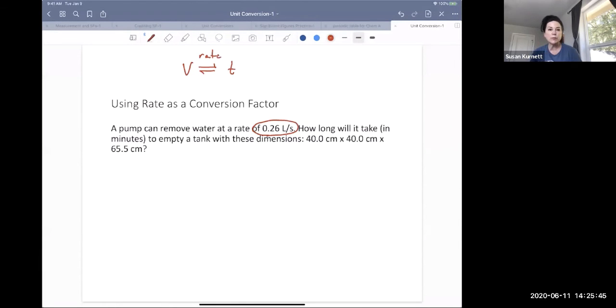In one direction, we're multiplying, and in the other direction, we're dividing. Okay, how long will it take in minutes? So we went ahead to time in minutes. And then we have some dimensions like a fish tank. So cubic centimeters are our starting point.